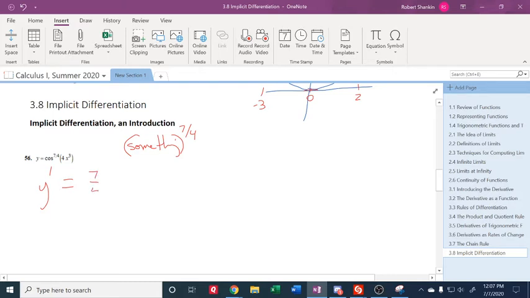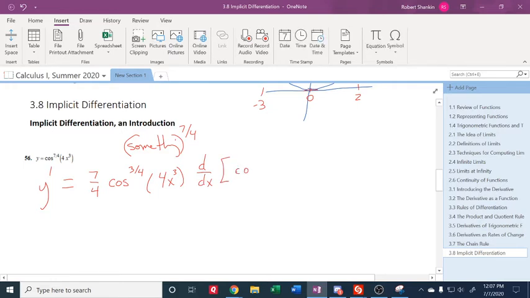So this is going to be 7/4 times whatever this something is, raised to 7/4 minus 1, 7/4 minus 4/4 is 3/4, times the derivative of the something.